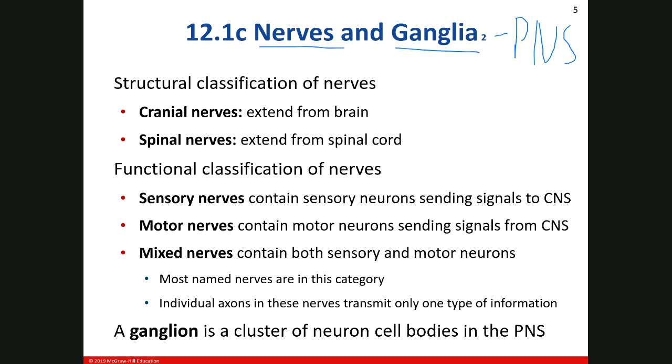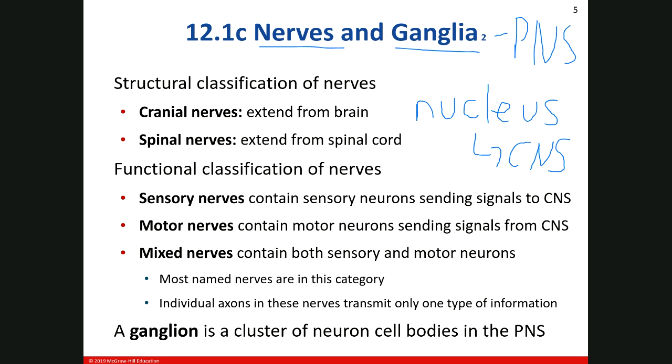A ganglia is where one neuron synapses, that means where it connects to another neuron. So in the peripheral nervous system, we call that a ganglia. In the central nervous system, we call that a nucleus. So, not to make things more complicated, but a nucleus is to the central nervous system as a ganglia is to the peripheral nervous system. But we'll talk more about that.